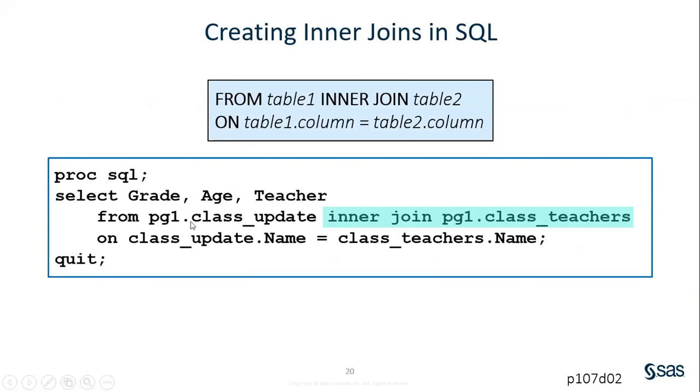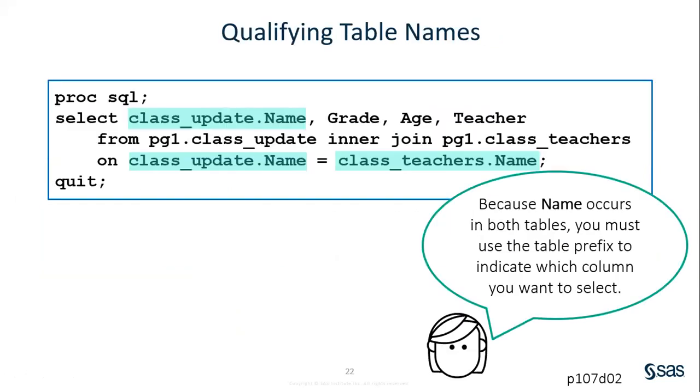You write pg1.class update, then inner join, on pg1.class teacher. So you are joining these two tables on what criteria? On the common column, telling both tables have name in common. So this will join the tables to give you the expected output.